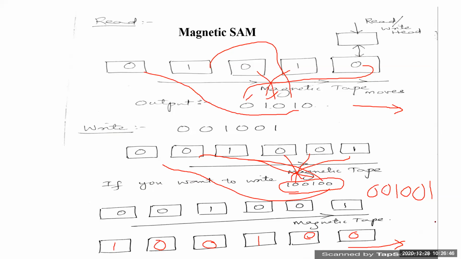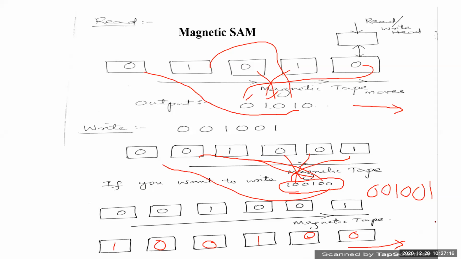So this is how the memory cell is being written by using the magnetic tape, where this particular operation of read and write with respect to magnetic SAM will be working with respect to the memory tape, and also with respect to the magnetic tape motion. Whenever the magnetic tape moves from left to right, whichever cell comes first, in that one the leftmost bit of your data will be stored in the first cell.